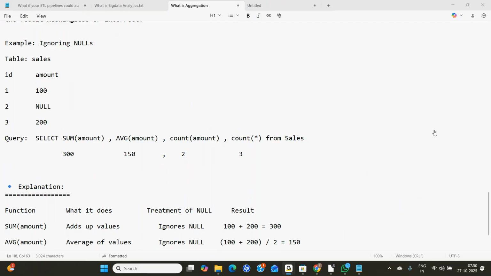Generally in most interviews, what I observed is they give two tables, with some null values also. What could be the final output if you perform an inner join? What could be the output of a left outer join? They give less than 1 minute.